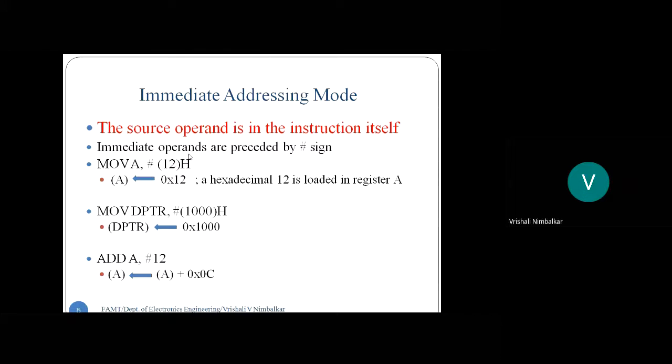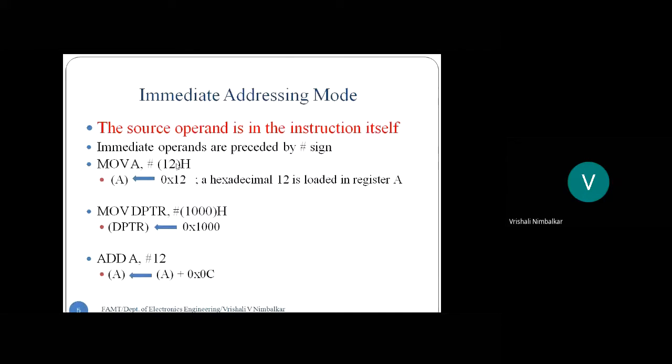This is a data transfer instruction. MOV indicates data transfer. The data is in the instruction itself, 12 hex, and that should be transferred or copied into the accumulator. 0x12 is another way of representing a hex number.